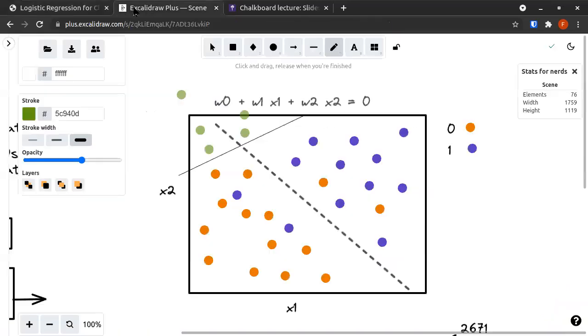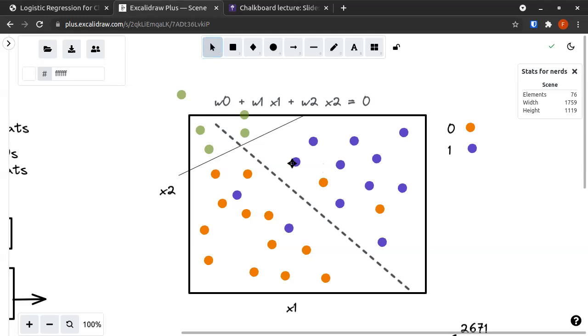What does it mean? Well, let's say we have this example here. We will want to find the weights of the line such that, let's say, if we multiply for all of these points, because they're all independent, so the probability is multiplied.